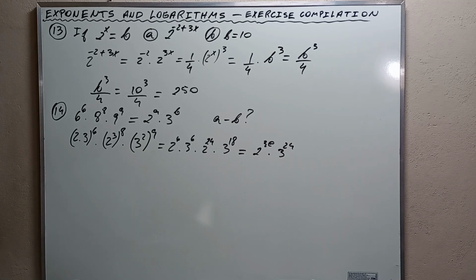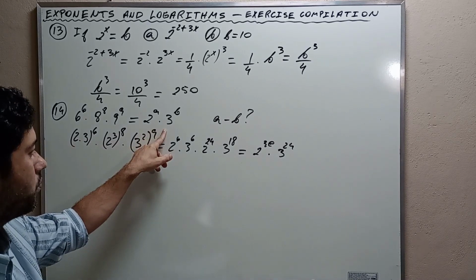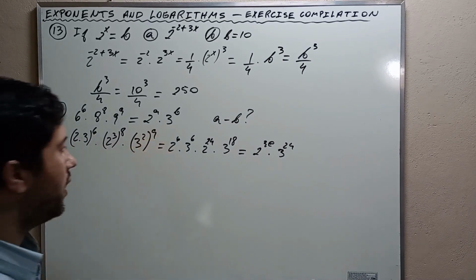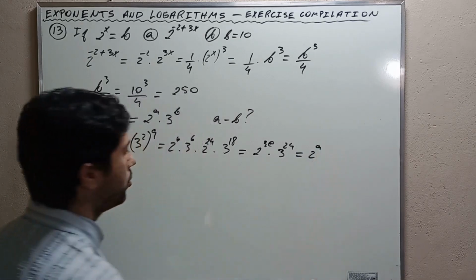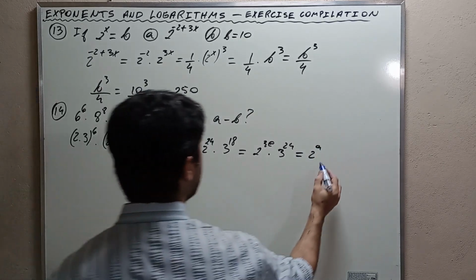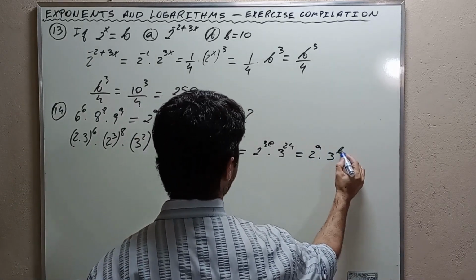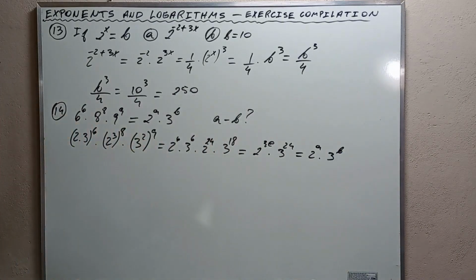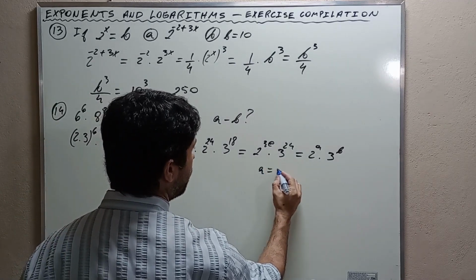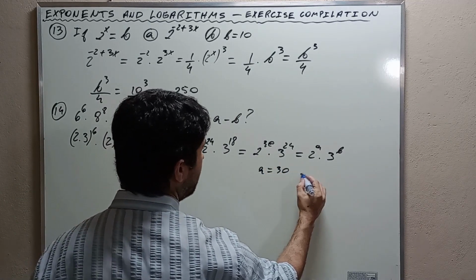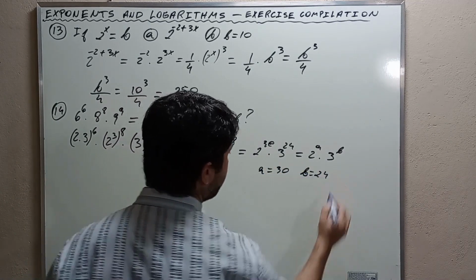The exercise required us to equal this to this. Alright? And this is equal to 2 raised to the power of a times 3 raised to the power of b. And we know if this is equal to this, then a is equal to 30 and b is equal to 24.